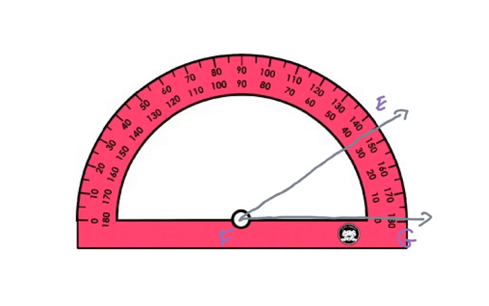Now, we notice we've lined up our vertex right here at our midpoint, our vertex F. And we have our arm of G lined up across our 0 like we're supposed to. And we need to see what our measurement comes out to be. So we take a look up here and we look at where it falls across.